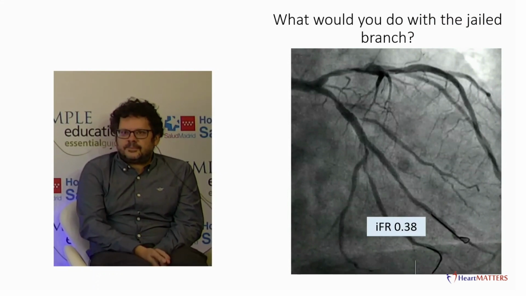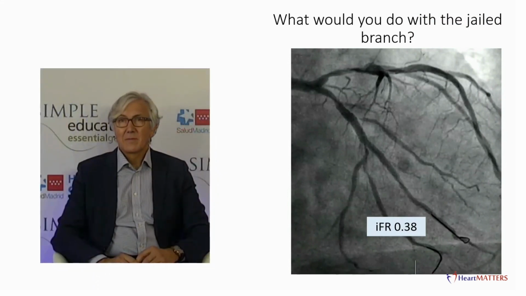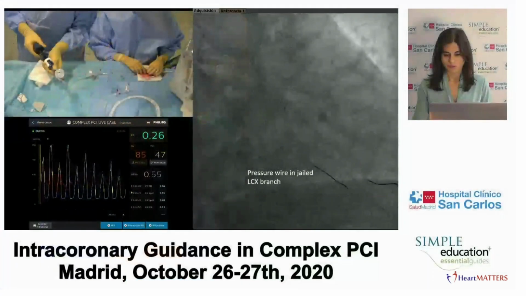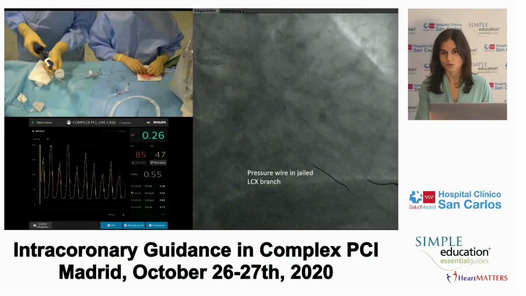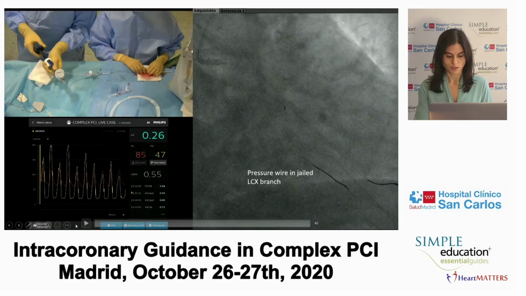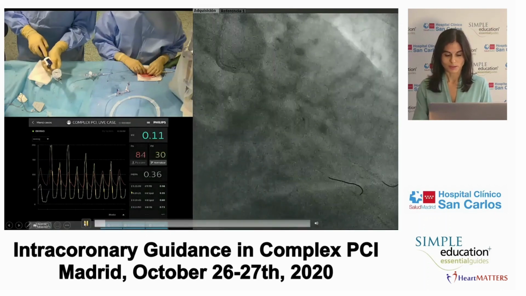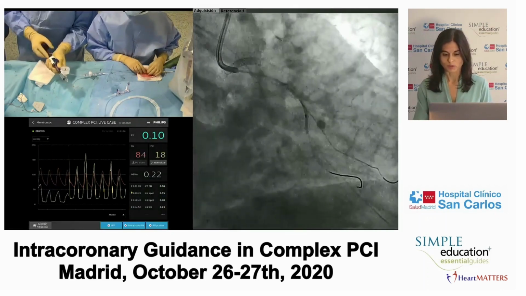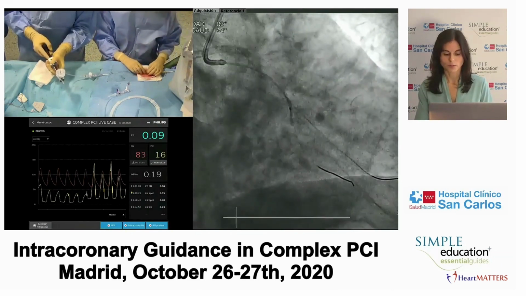So, Nieves, what did you do? So in this case, as you mentioned, once you've seen this result, you are committed to obtain a good result in this big side branch. So what we did was dilate it with a small balloon. You can see here the inflation. This is a 1.5 millimeter balloon.